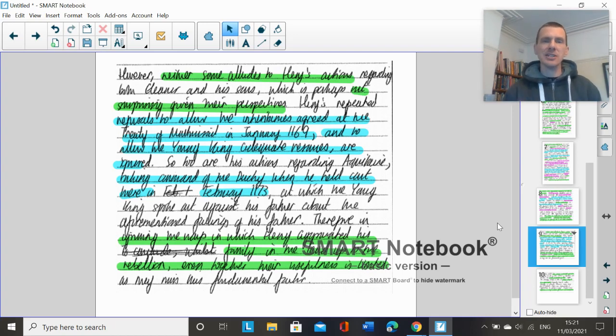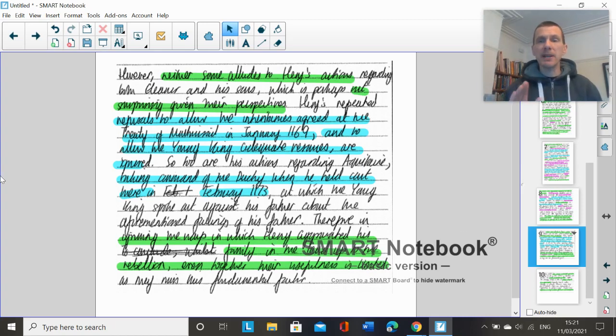So what he's saying here is actually that they're missing things out that are important, and they're doing that because of who wrote them and when they wrote them. So then in that blue, there's some evidence of their own knowledge, that they're saying that these things aren't actually mentioned in the sources. And these things are Henry's element of blame in the Great Rebellion, and particularly in the way that he treated his family in the run-up to the Great Rebellion that led to them having enough and fighting against him.